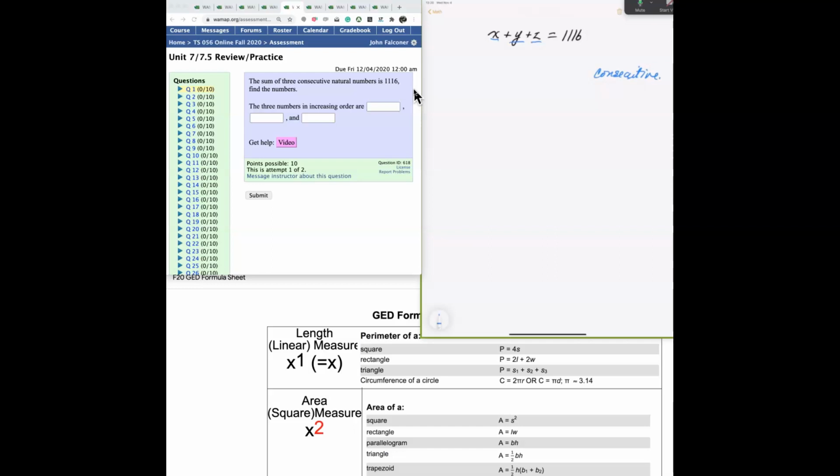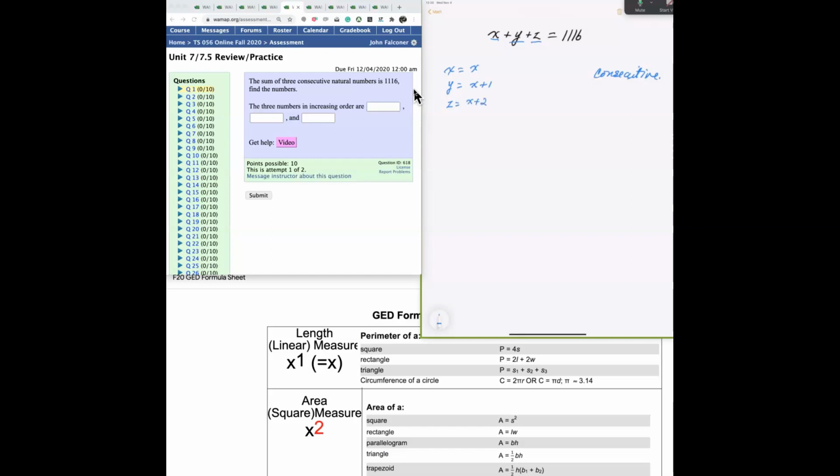If we wanted to define x, y, and z over here, we could decide x is going to be equal to x, and y has to be one more than x, or it could be one less, but we'll do one more. So we'll say x plus 1. And z is going to be two more beyond that, one beyond y. So we'll define z as x plus 2.